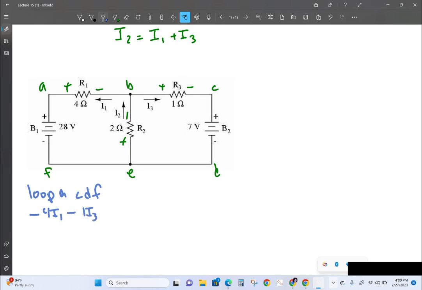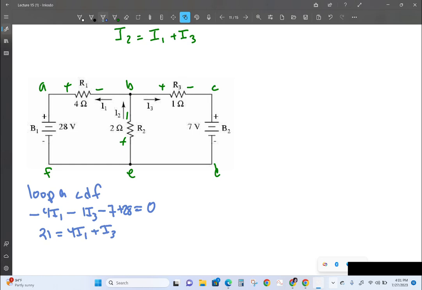You go through B2, and that's a loss too, because I'm going from positive to negative, so minus 7. I go all the way around, and I'm going to have a gain of 28. All that adds up to 0. I can simplify that, if I put the I's on the other side and keep the numbers on the left side, to 21 equals 4I1 plus I3.